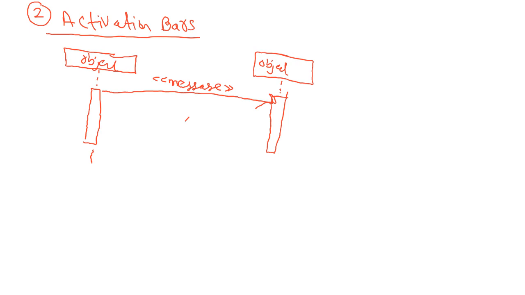Now in this case, this object is sending a message to, let's call this object 1 and I will call this object 2. Object 1 is sending a message to object 2. That's why this activation bar is called the message caller activation bar.